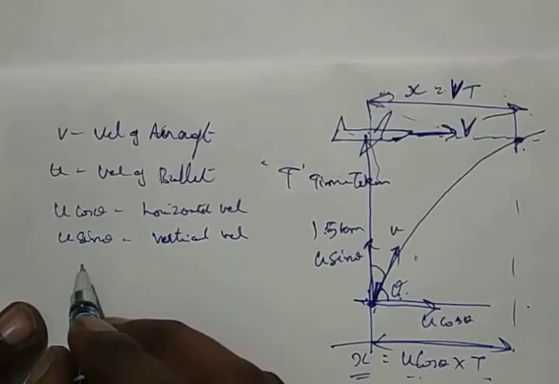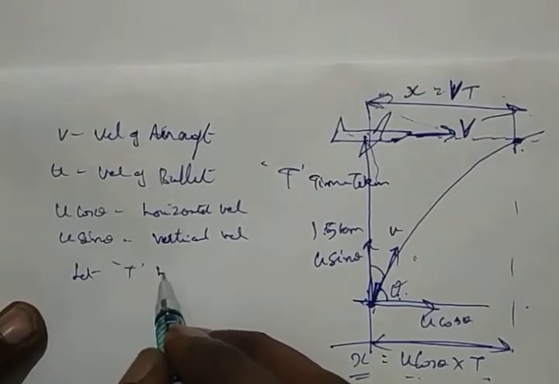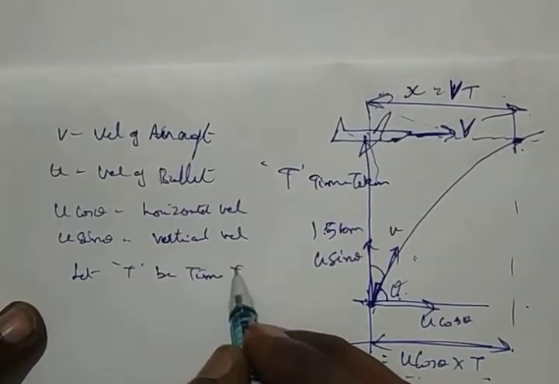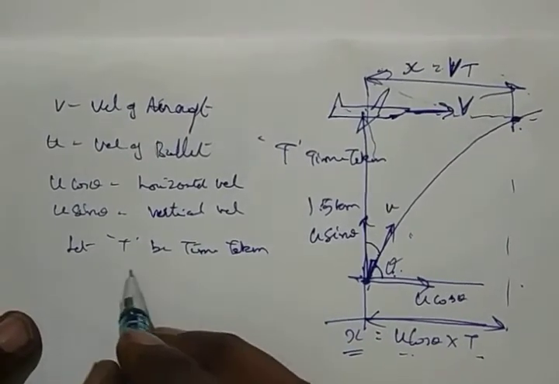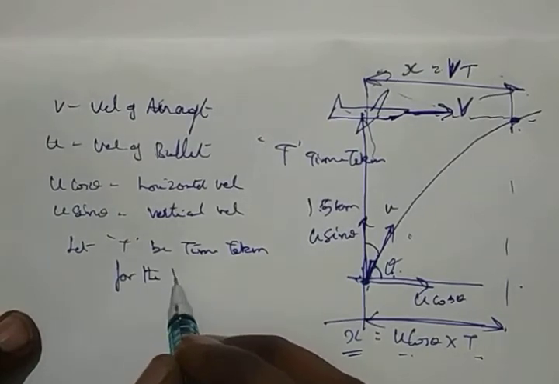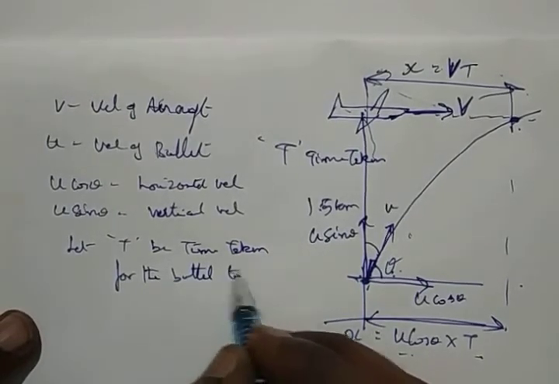Now let capital T be the time taken for the bullet to hit.